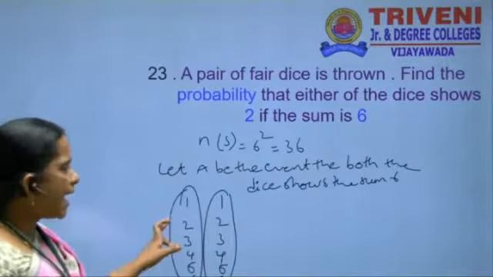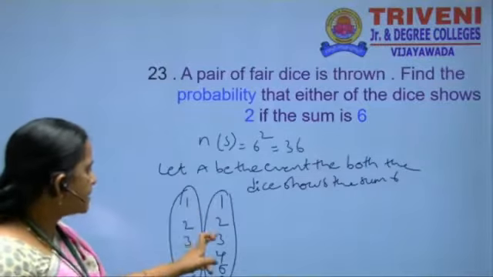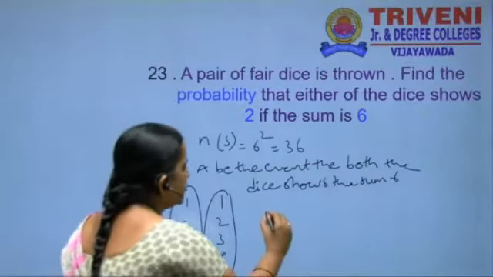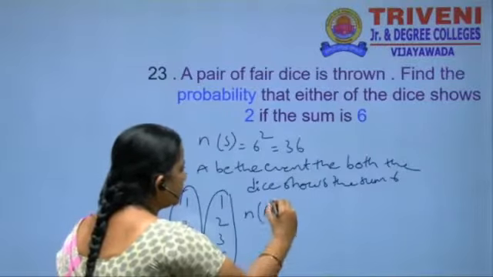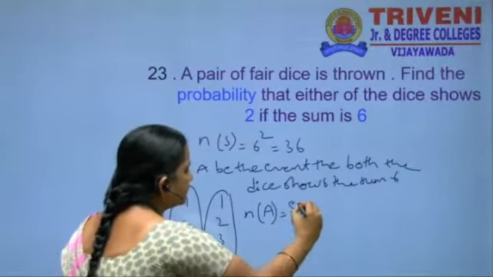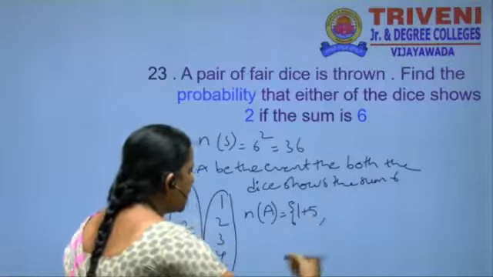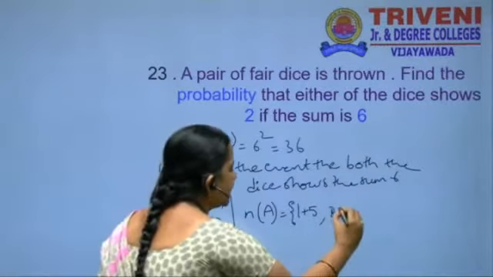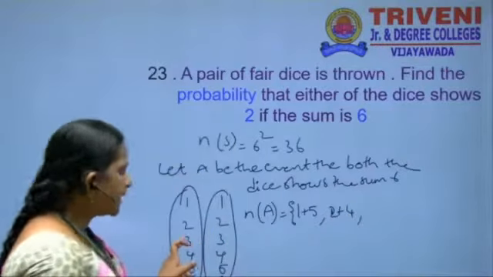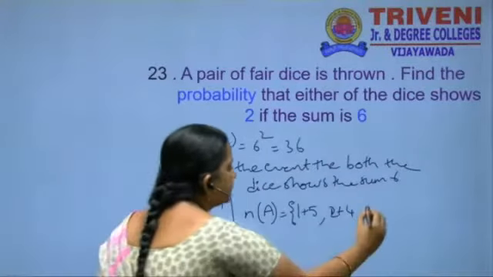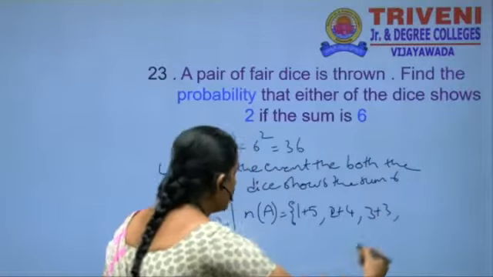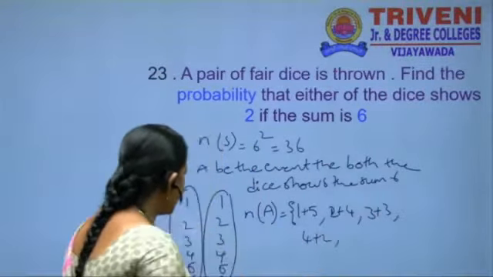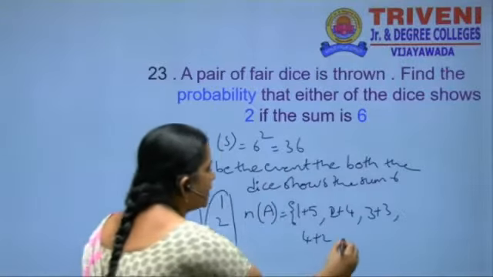Suppose we add 1 plus 1, 1 plus 2, 1 plus 3, 1 plus 4, 1 plus 5, like this. Here n of A: 1 plus 5 is one case, 2 plus 4 is the second case, the third case is 3 plus 3, the next one is 4 plus 2, and the next one is 5 plus 1.